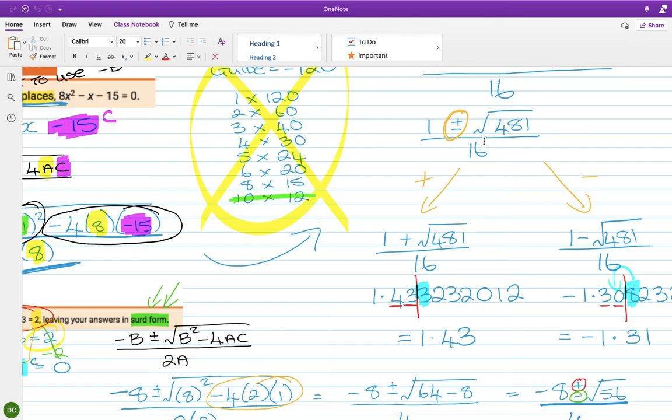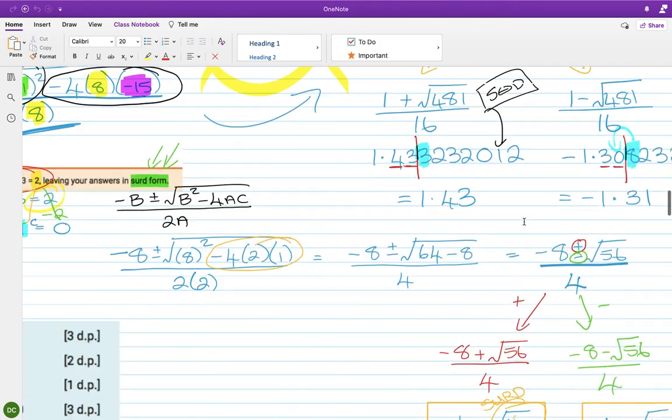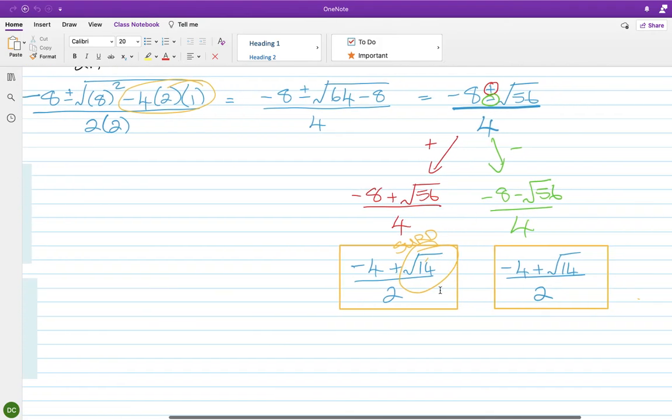Split it up into your plus or minus, and the only difference between the two questions is that in this one up here, to go from this to this, I would have pressed the SD button on my calculator. Whereas in this one, I don't press the SD. I don't get the decimal version. Is that okay?